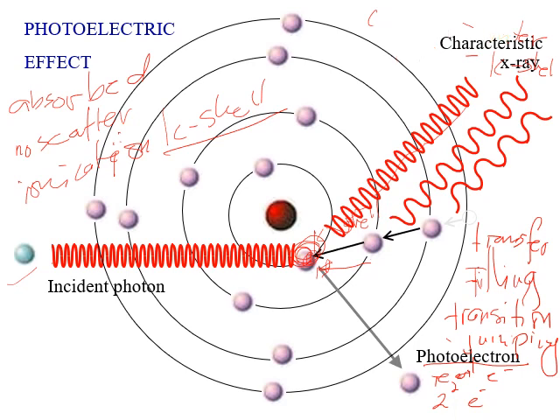So, ibig sabihin, characteristic X-rays are produced when there is a transfer or filling up or transition or jumping of outer shell to the inner shell. So, to make it simple, nagkakaroon ng characteristic X-rays if nag-transfer ang outer shell electron papunta sa inner shell. So, ito yung mga keywords nyo ha.